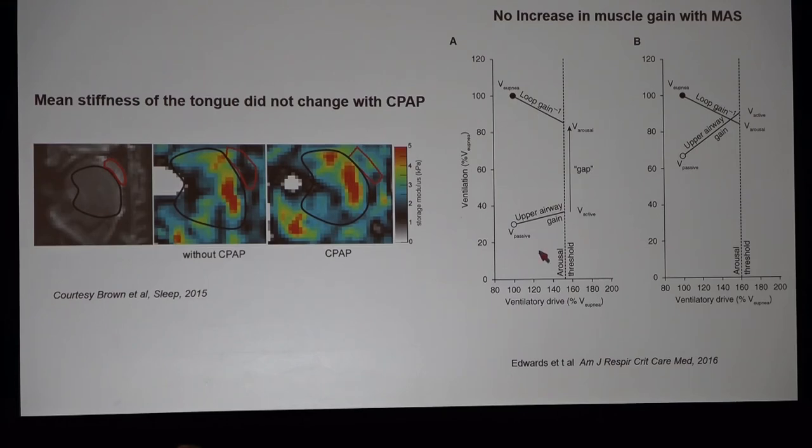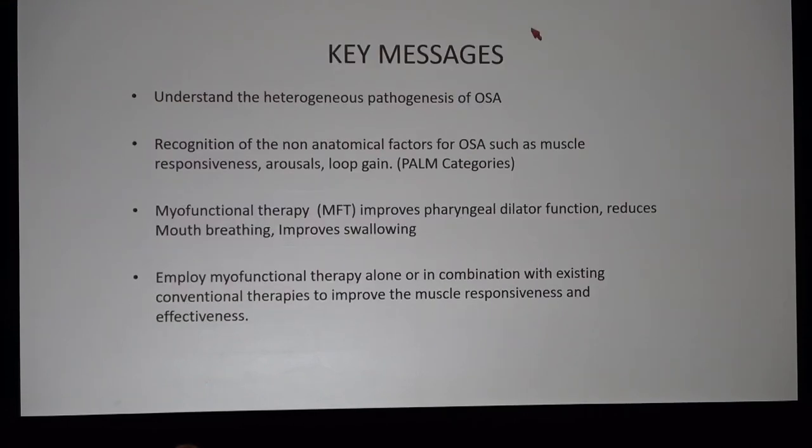There is something we necessarily need, that is myofunctional therapy, because it not only changes the pharyngeal muscles, it can also increase the strength, remodel the upper airway, and eliminate the incoordination between the pharyngeal and peripharyngeal muscles.